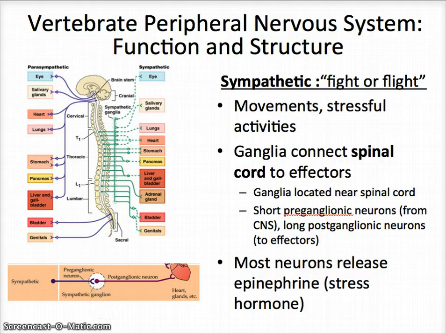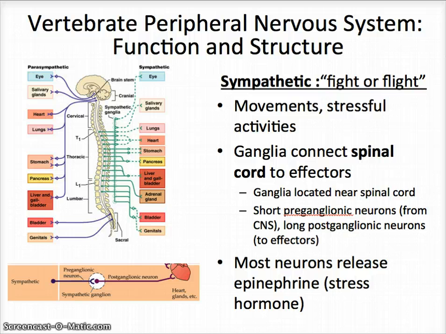And in the sympathetic peripheral nervous system, those ganglia connect our spinal cord to the effector. So in this case, we're looking at the section of this picture over here. All of these green neurons are part of the sympathetic nervous system.